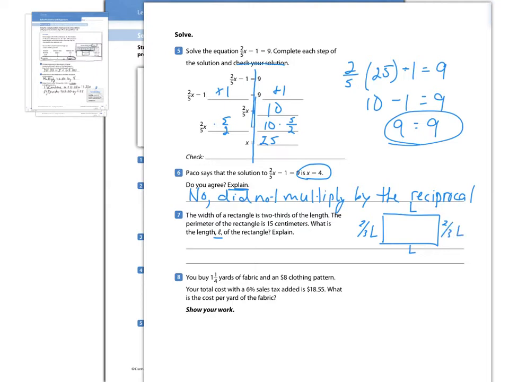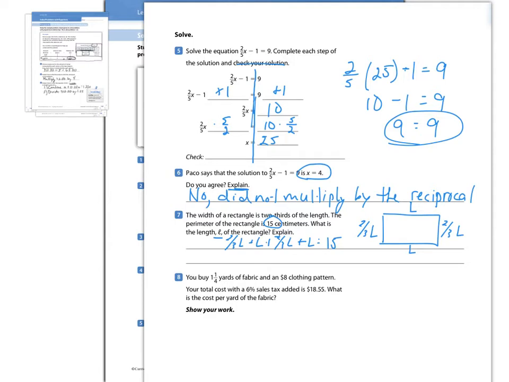What we know, the perimeter, or those 4 expressions added together, and I'm going to run out of room, but it'd be 2/3 L plus 2/3 L plus L. We know those 4 expressions. It tells us the perimeter is 15. We need to then solve that equation.